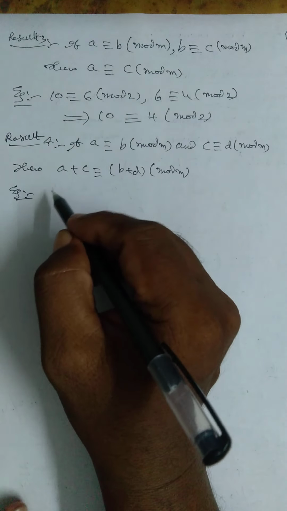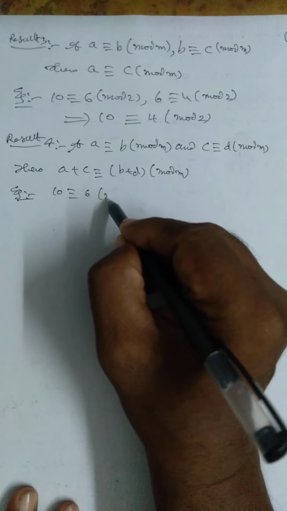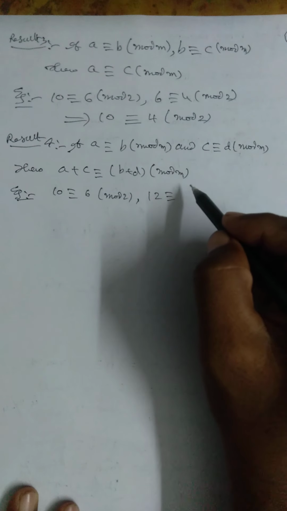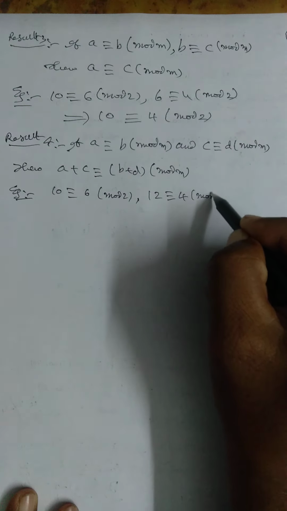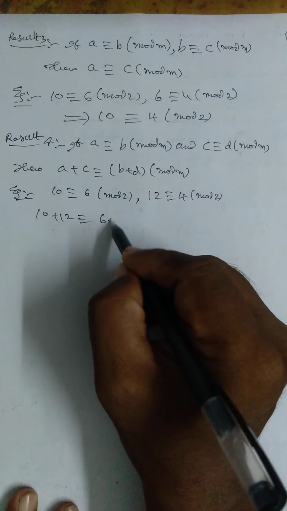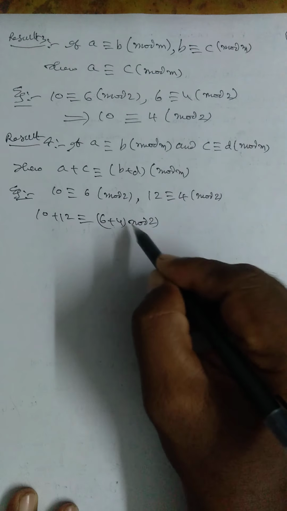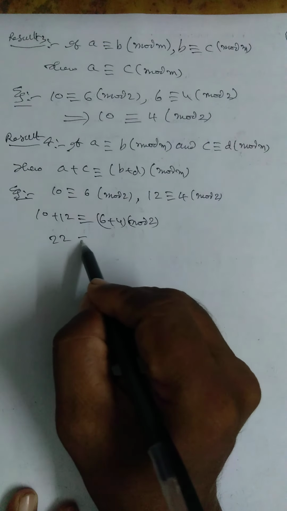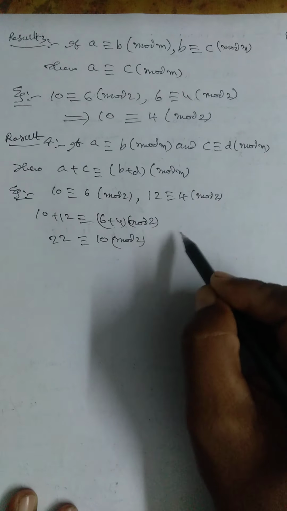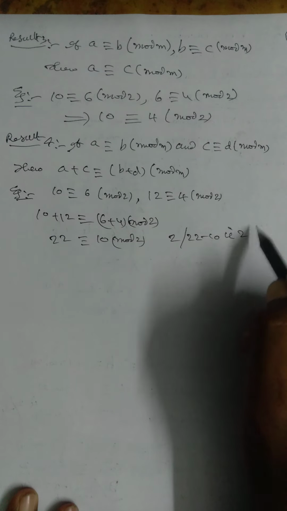Example: 10 is congruent to 6 mod 2. 12 is congruent to 4 mod 2. 10 plus 12 is congruent to 6 plus 4 mod 2. 22 is congruent to 10 mod 2. So 2 divides 22 minus 10, that is 2 divides 12.